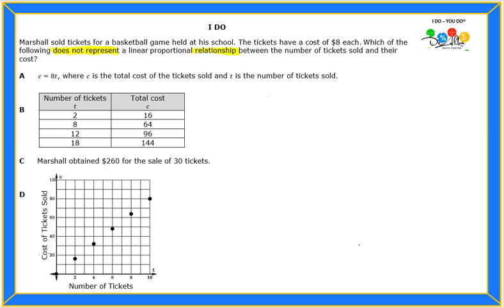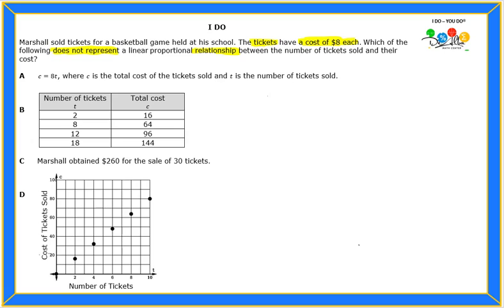Well, it says that the cost of the tickets is $8 each, right? That's the cost of each ticket. Now, do we know how many tickets he sold? No, right? We just know that each ticket will be $8.